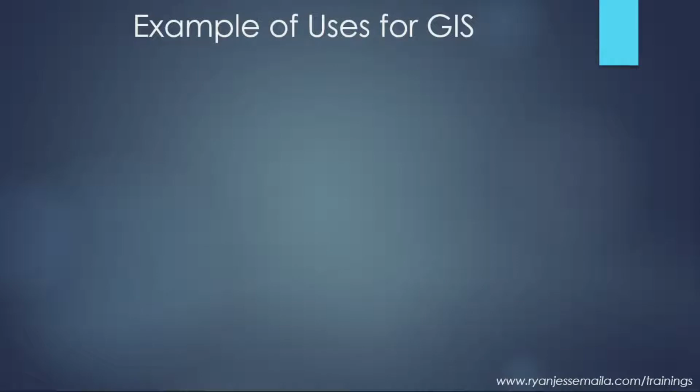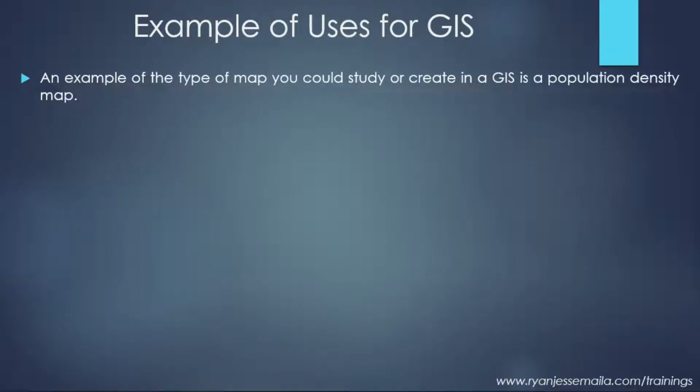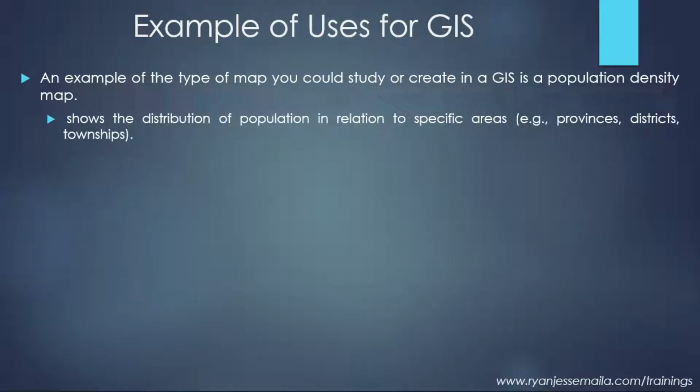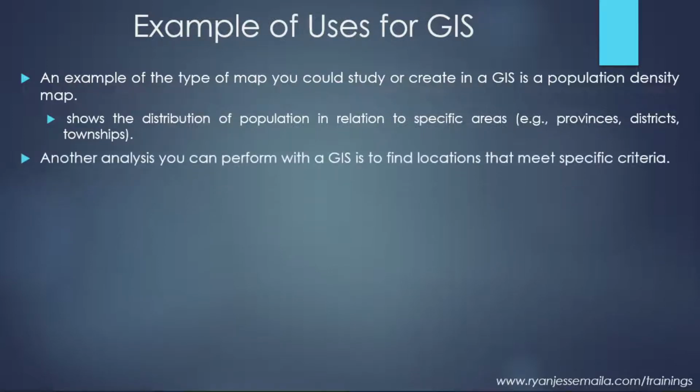So here are a few examples of uses of GIS. One of the examples is you could study or create a GIS by doing a population density map, which will show you the distribution of population in relation to specific areas. And those specific areas could be provinces, districts, or townships.